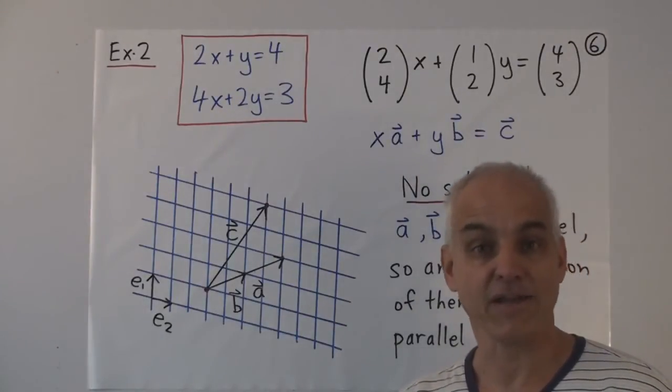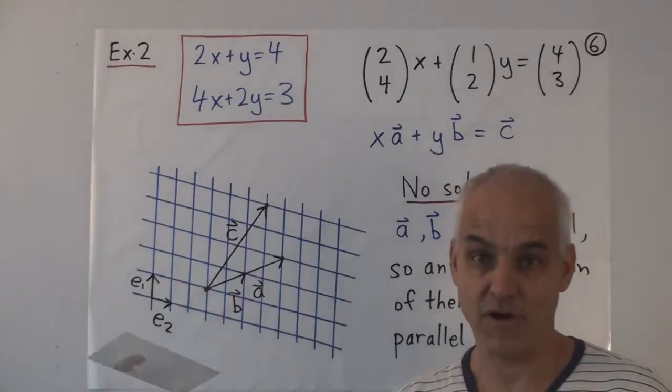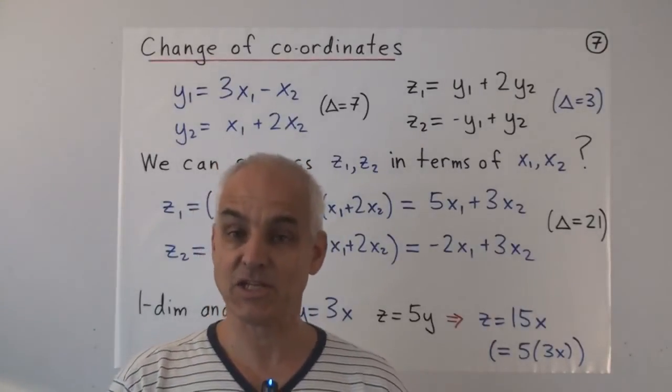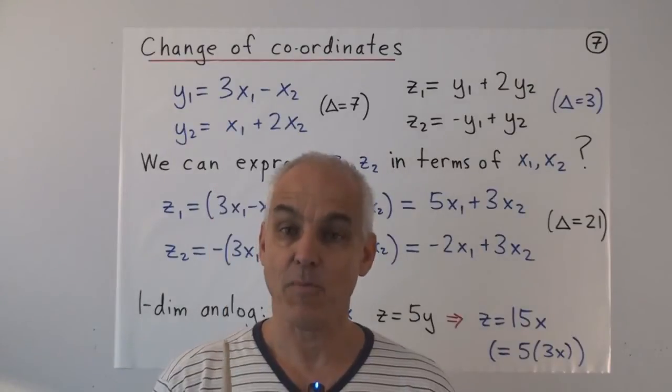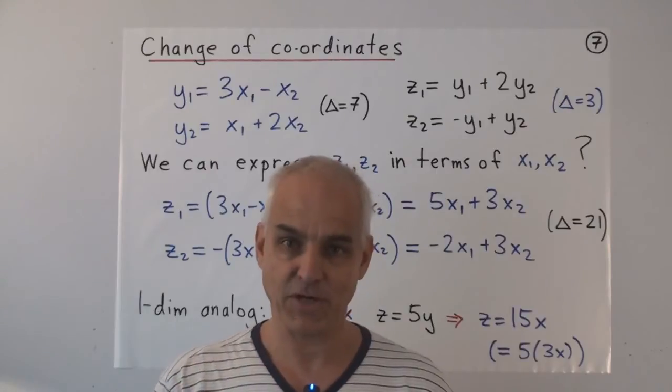Now let's have another look at change of coordinates and introduce a third set of variables. Many courses of linear algebra focus on systems of linear equations as being the essential issue. For me, I rather think that it's change of coordinates which is the heart of the subject.